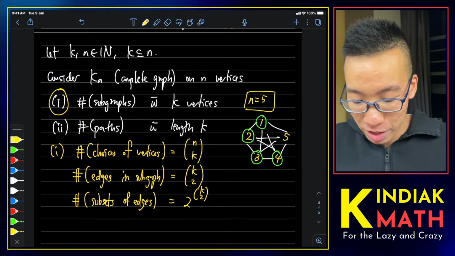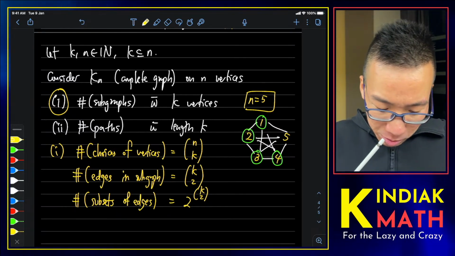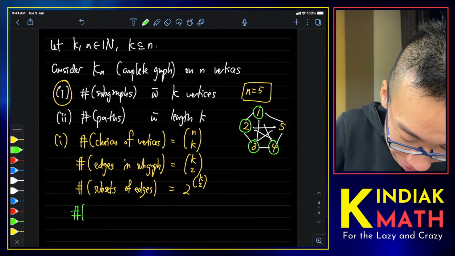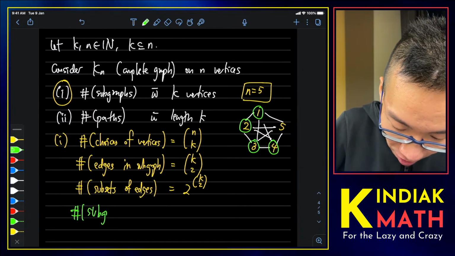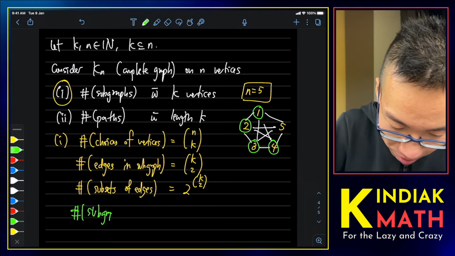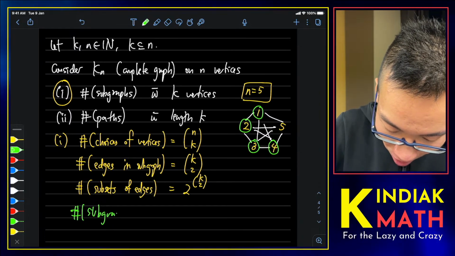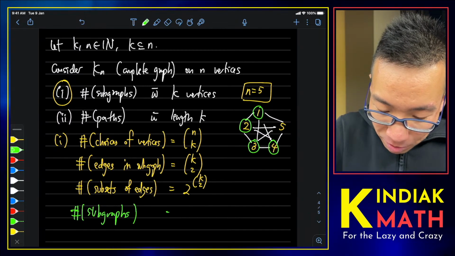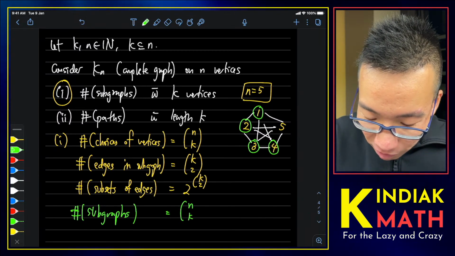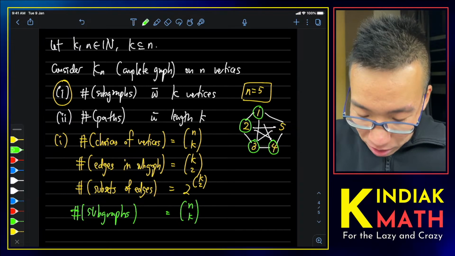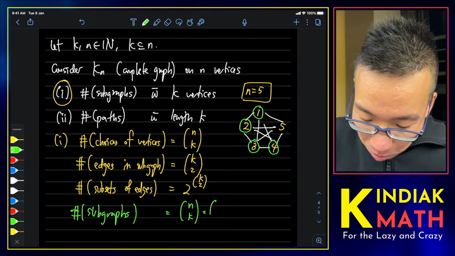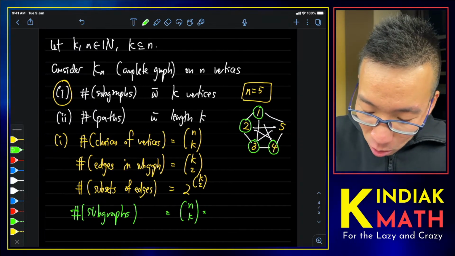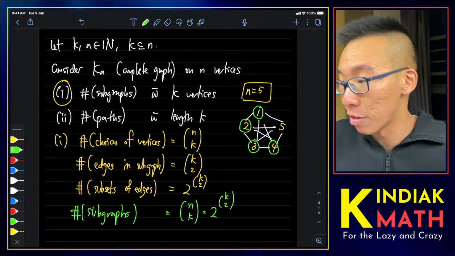This tells us that the total number of subgraphs is the total number of choices of our vertices multiplied by the total number of different possible edge sets that we could create from it.